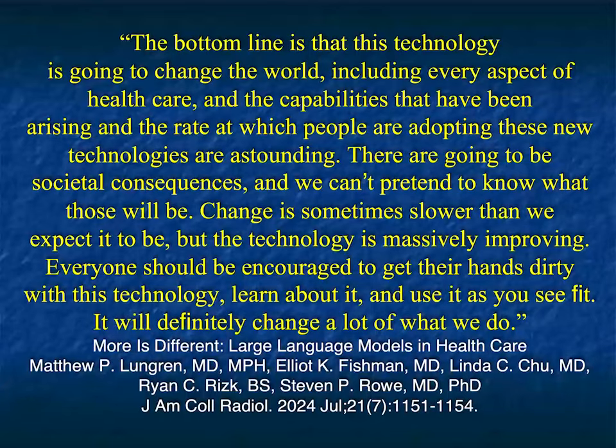Matt Lundgren, who is at Microsoft: the bottom line is this technology is going to change the world, including every aspect of healthcare, and the capabilities that have been arising and the rate at which people are adopting these new technologies are astounding. Matt's incredible. He is a radiologist, or was a radiologist at Stanford, and now he's working with Microsoft.